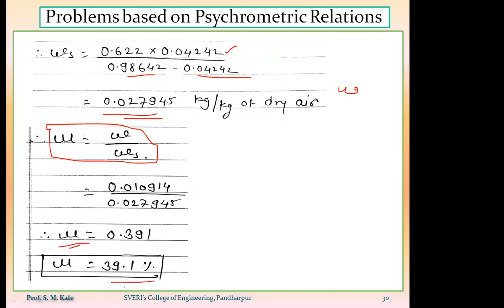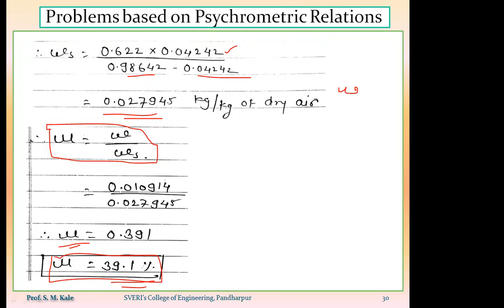So that percentage humidity or degree of saturation will be always in terms of percentage. So mu is equal to 39.1%. Mu is equal to किती आलं होतं 0.391 आलं होतं 0.391 म्हणजेच किती झालं 39.1% झालं. Are you getting? Yes or no? So this is the value of mu.